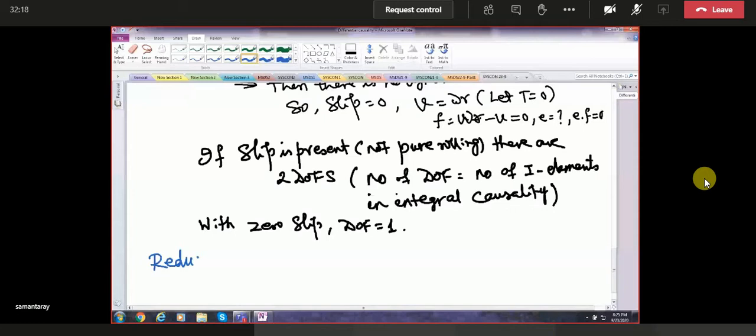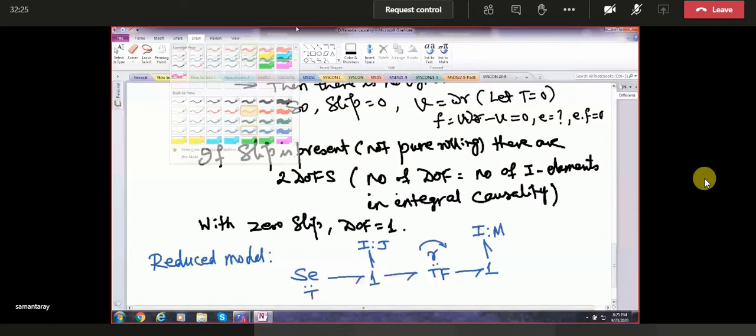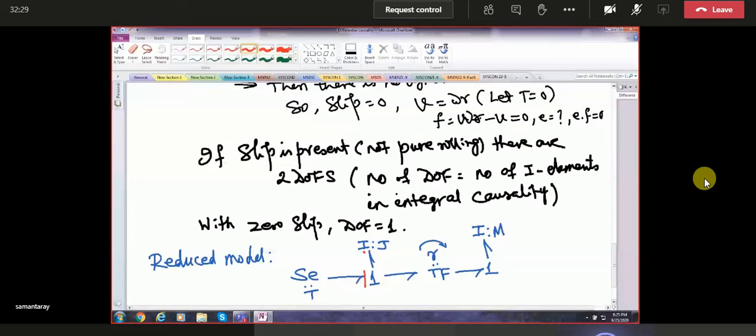That is the thing we have. Differential causality. Now I will show you, interestingly, this has one duet. This is one duet. This has no duet because this is derivative causality.